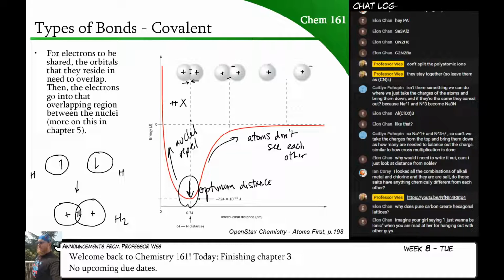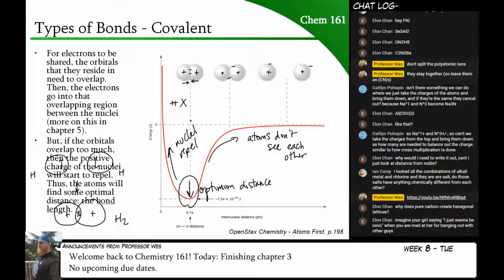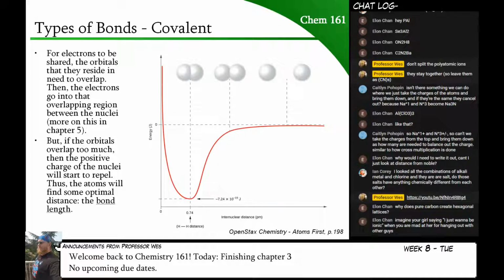That is due to some amount of orbital overlap. We're going to talk about orbital overlap in Chapter 5 very briefly. But suffice it to say that the length of a covalent bond is dictated by this sort of Goldilocks principle. How much overlap do my orbitals do? And again, we'll come back to that in Chapter 5.